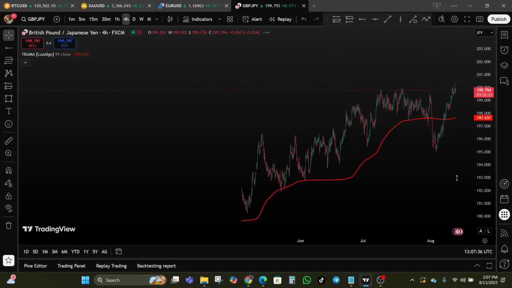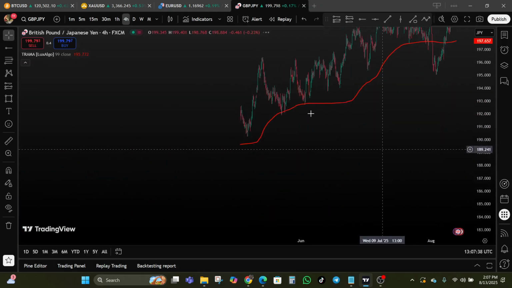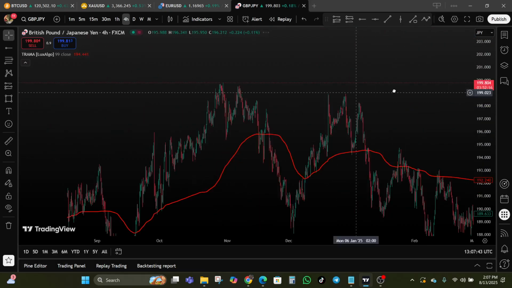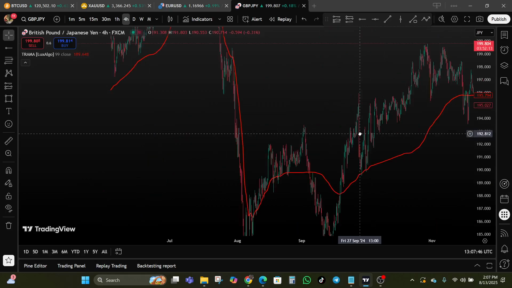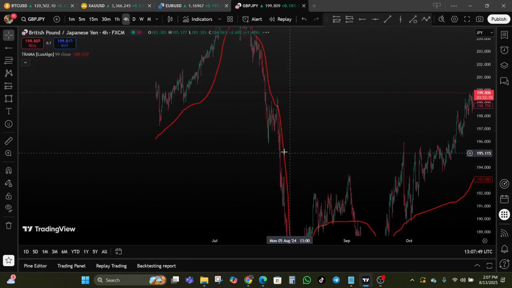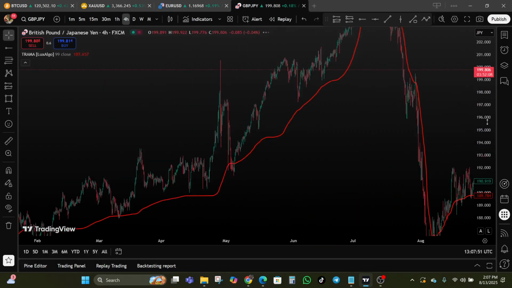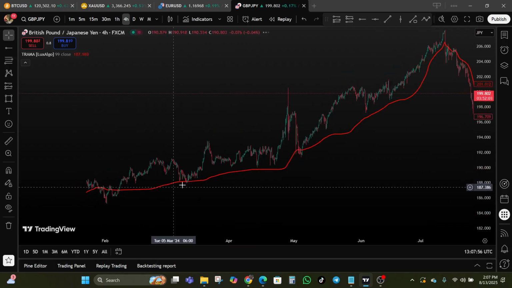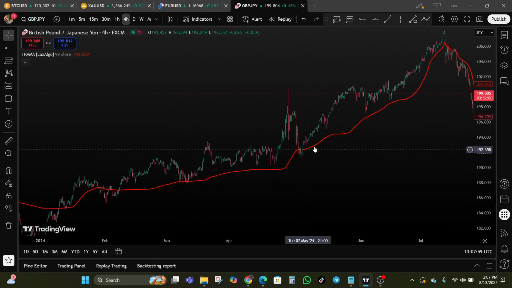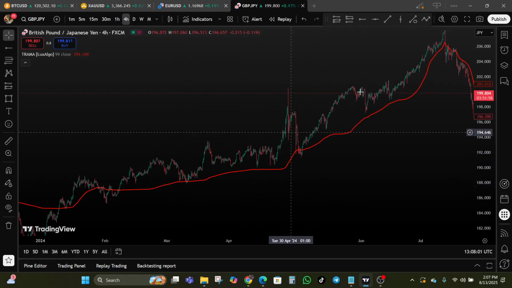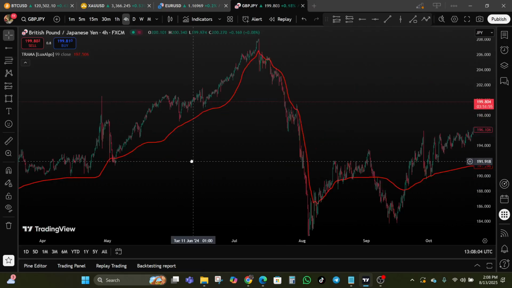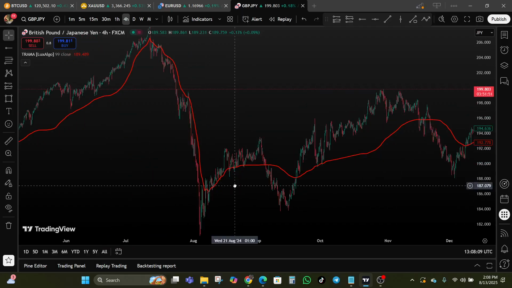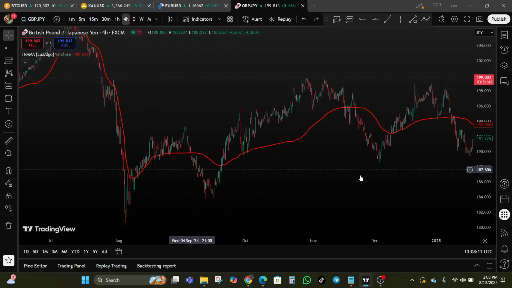Now, let's move back a bit. If you see how the TRAMA was going smoothly in a definite direction, gradually doing this smooth trend, you compare it with how it did during this period.